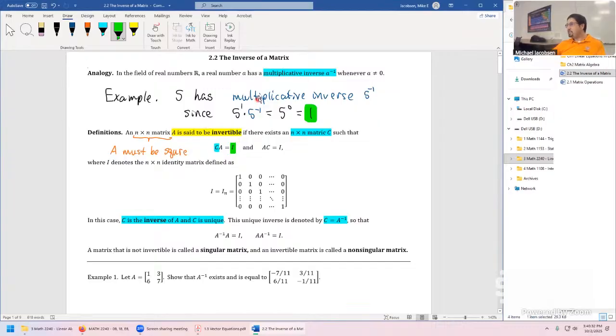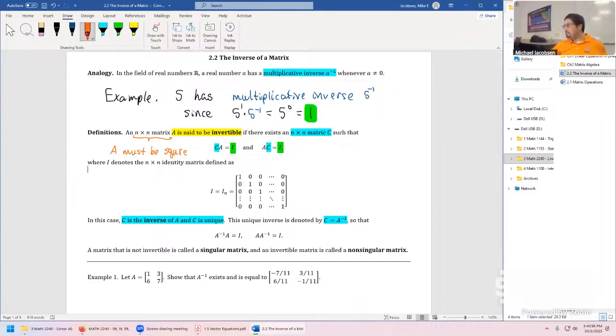But we have to do a little bit more. Here, we have commutativity of the field of real numbers. We lost commutativity in general, so this definition has two parts. We also have to be able to post-multiply A by C to get the identity matrix I as well. This is what the core definition looks like.